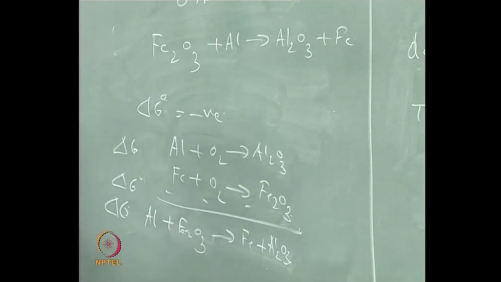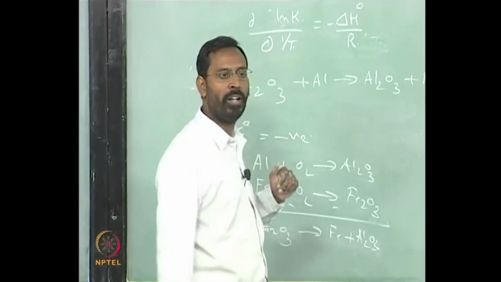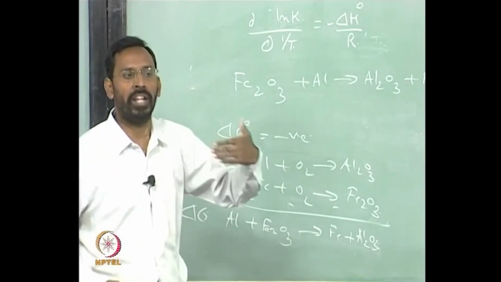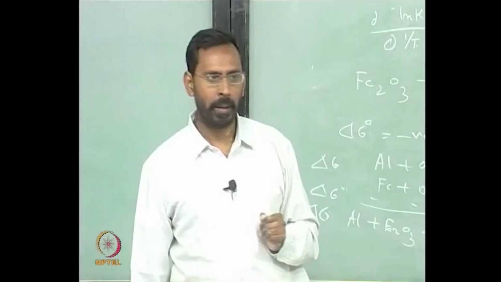That is one good thing about all these reactions: free energy being an extrinsic property, you can simply sum them up and get the actual values, and if the actual value becomes negative at a particular temperature, the reaction happens. We are talking about a fixed pressure, because we are talking of delta G naught, and at a given temperature we do this. Okay, we will stop here.